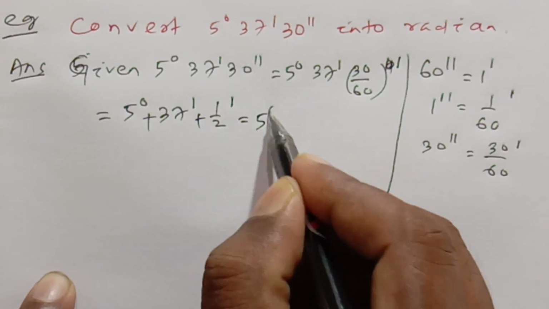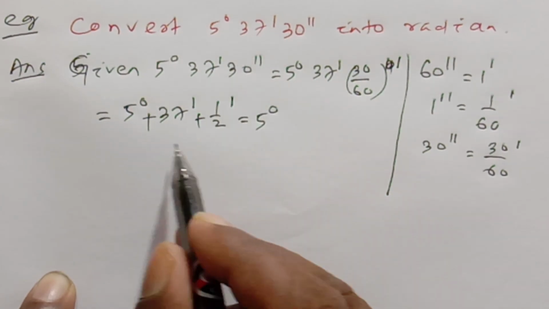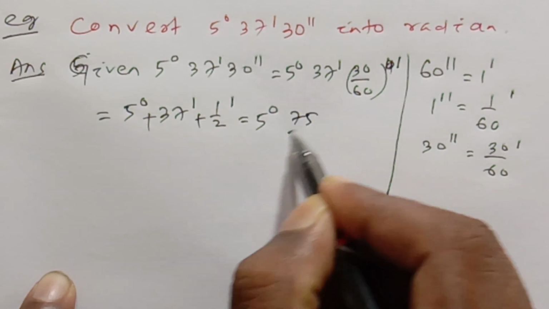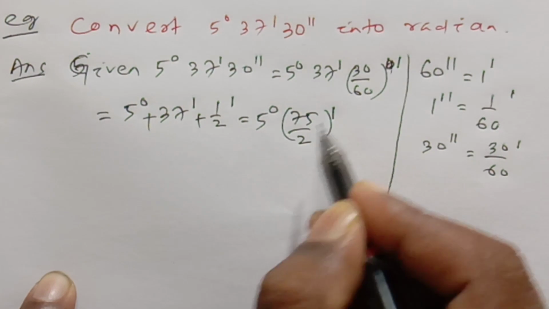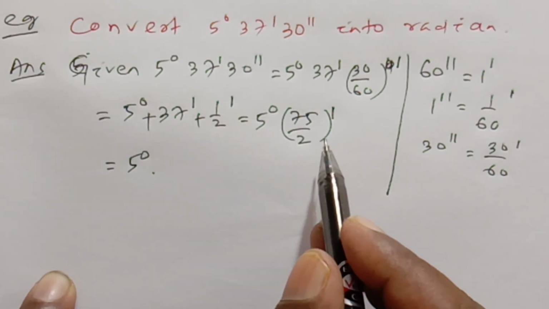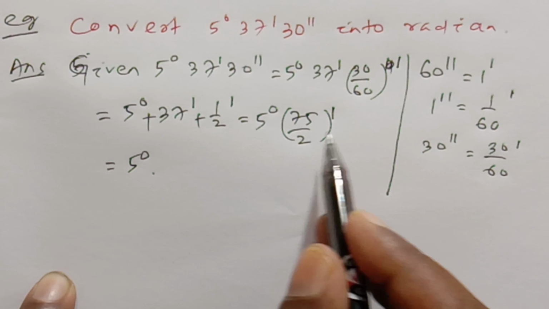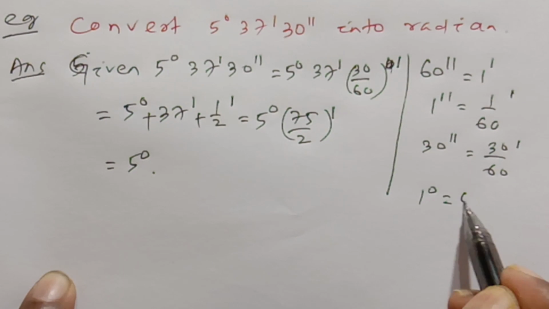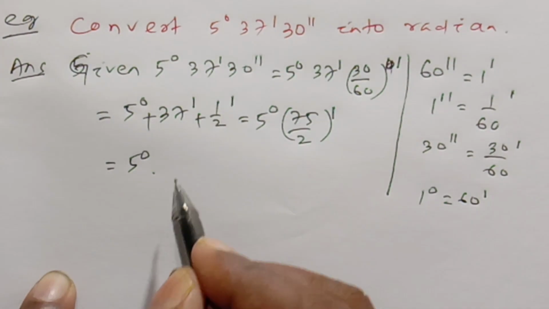This is equal to 5 degree plus, if we add these two, 37 and a half which is 75 by 2 minutes. Now if we want to convert minutes into degrees, we know 1 degree is equal to 60 minutes. So divide by 60 here.